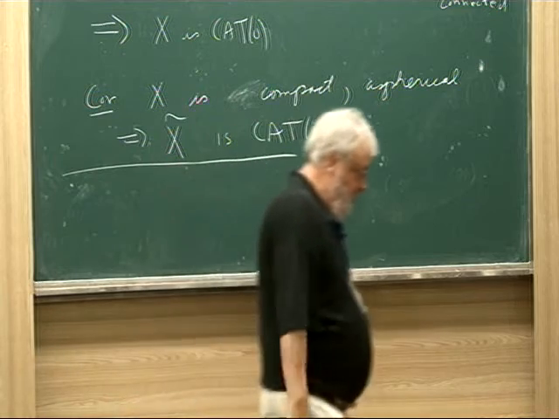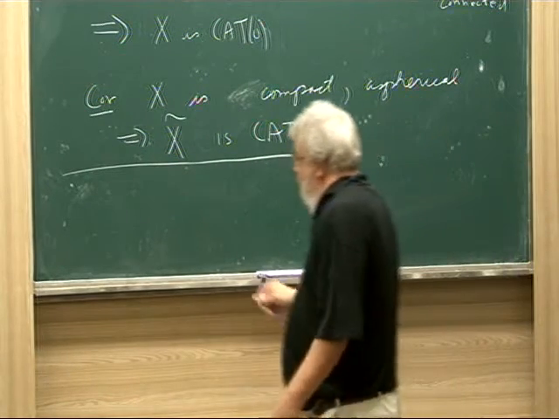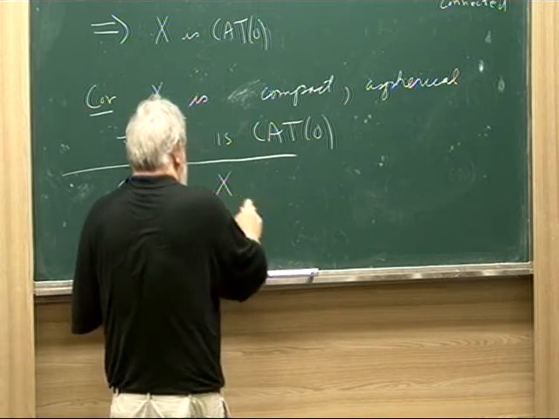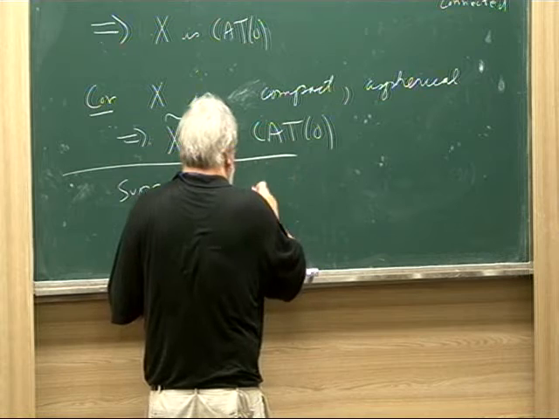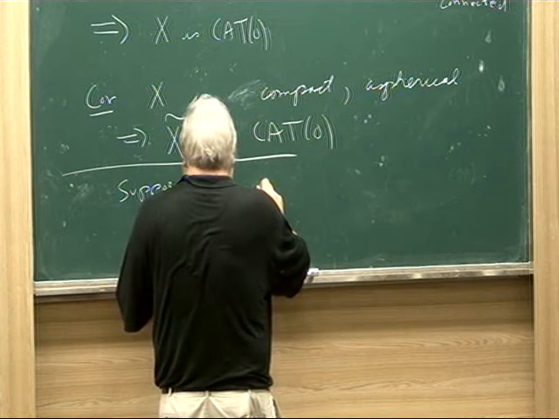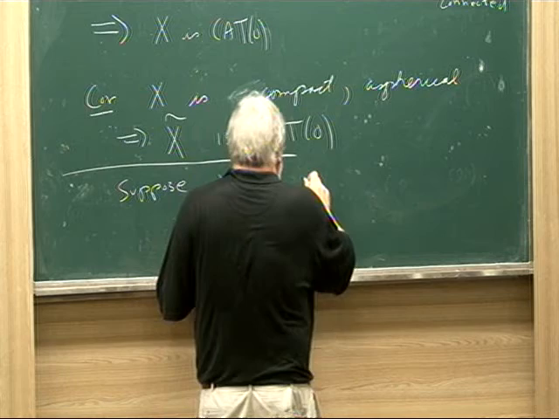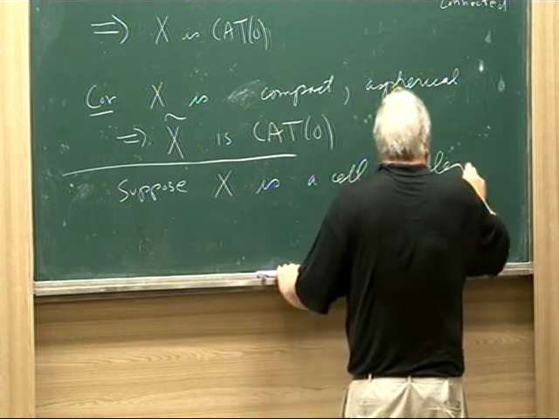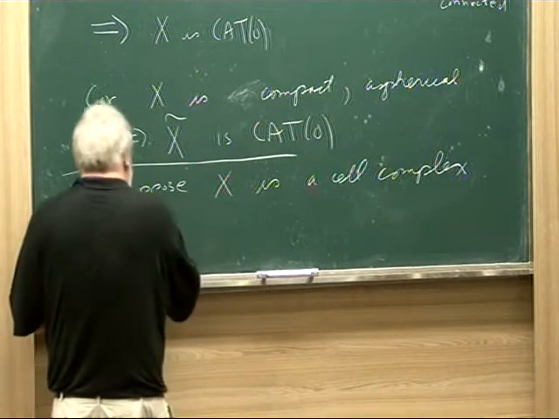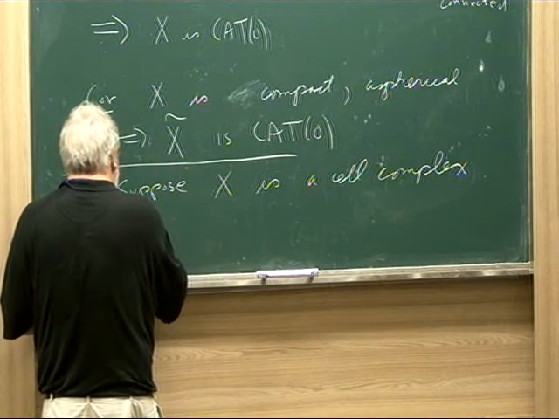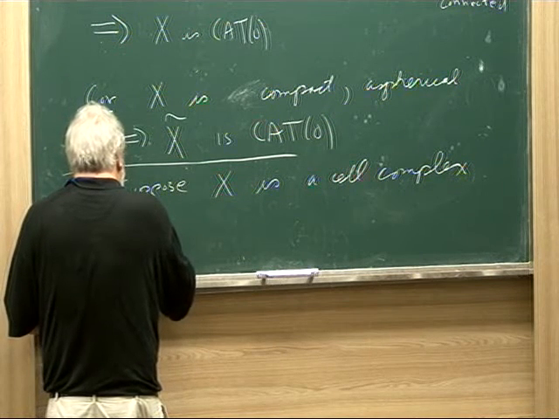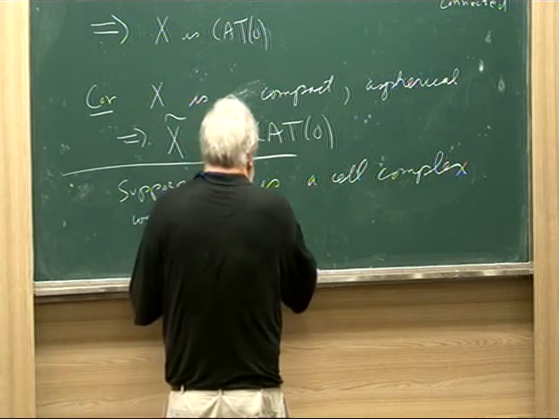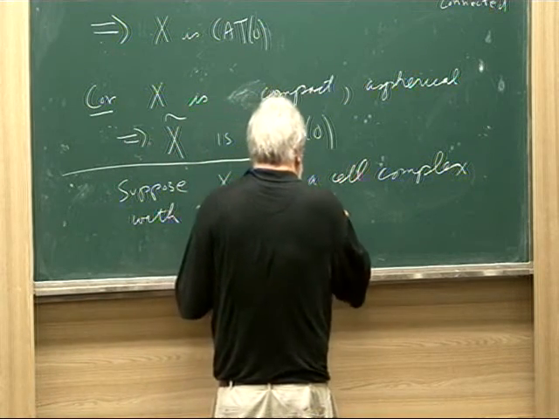This came up last time when Koji was talking about the Rips complex, but suppose X is a cell complex consisting of Euclidean polytopes as cells.